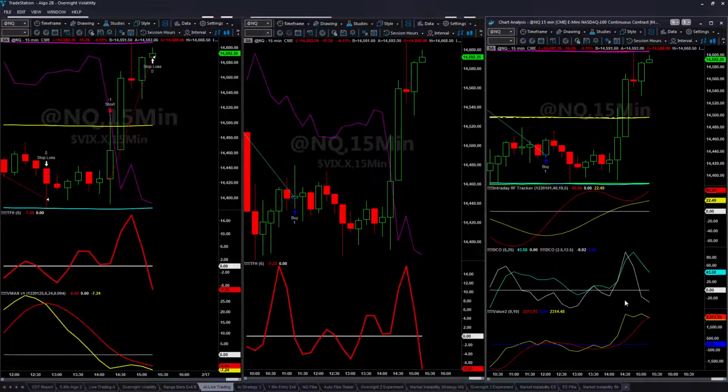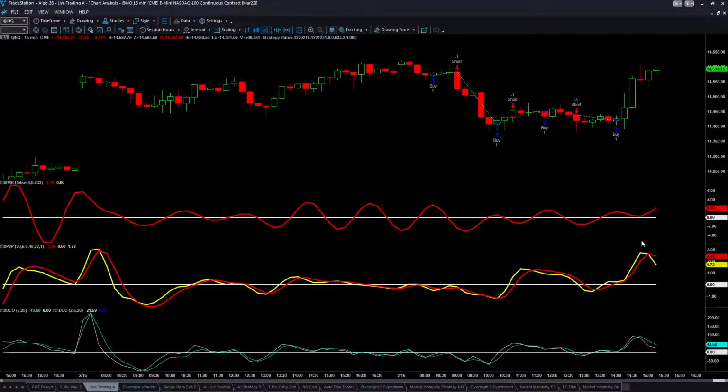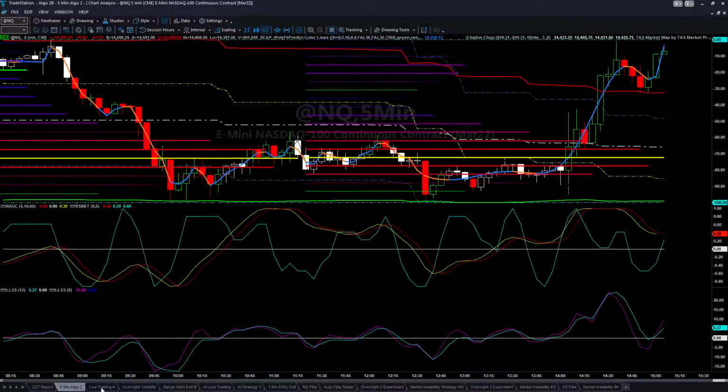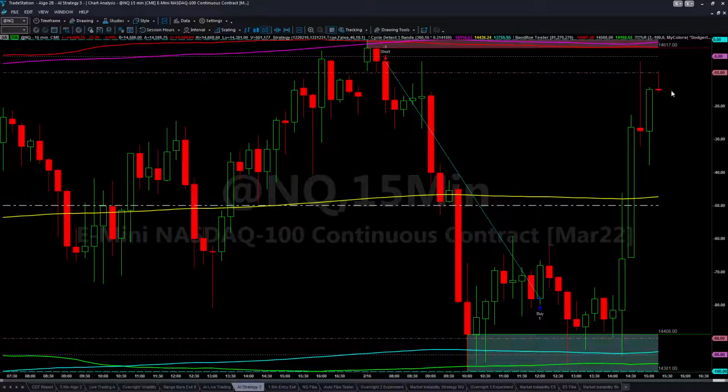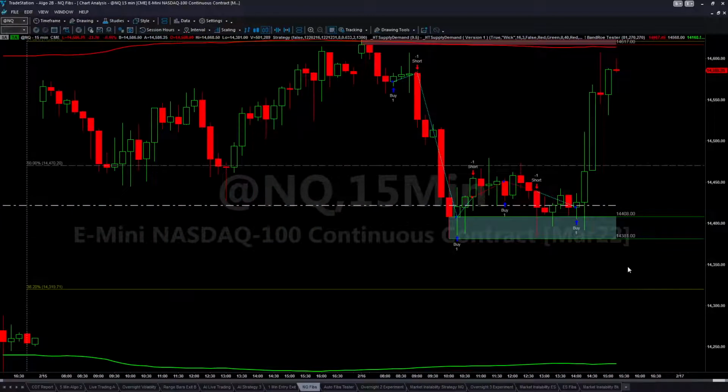See, it flattened out right there, and boom, just took off again. This straightened itself back up. We'll see where it goes. But I am going to be cautious on this trade.